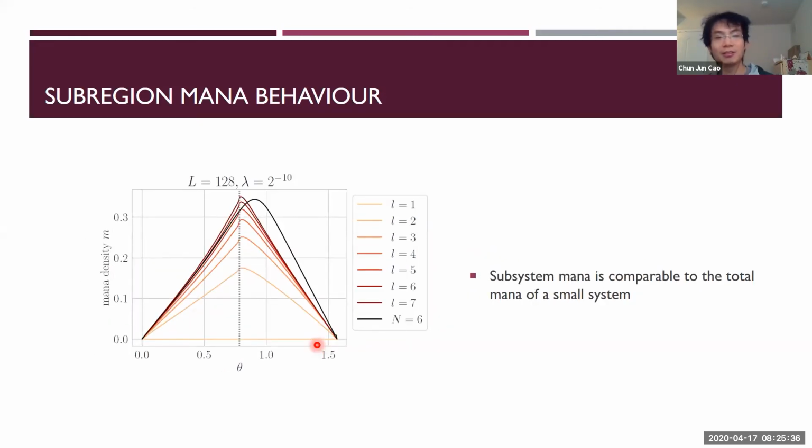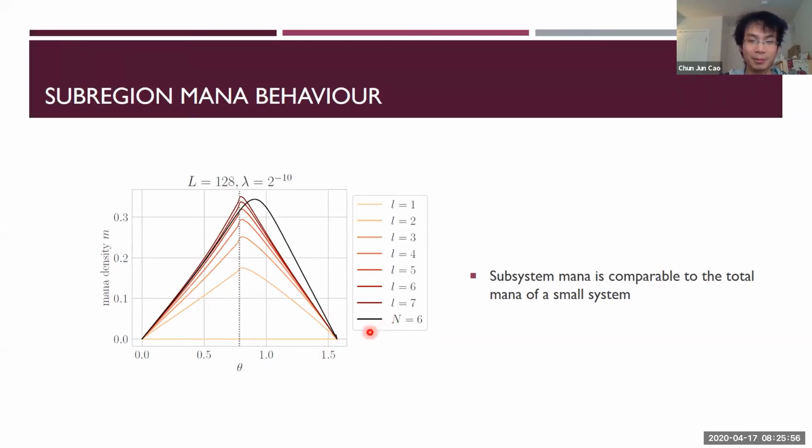And in fact, you can also compare this subsystem mana to the total mana of a small system. So for example, you can compare the mana of a 6-site subsystem in a 100-site spin chain to the mana of a 6-spin system.